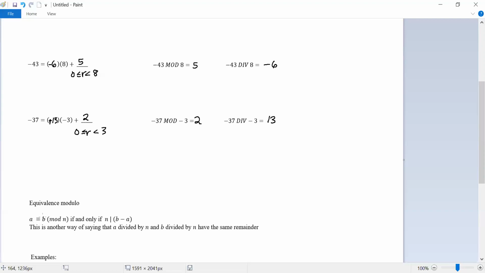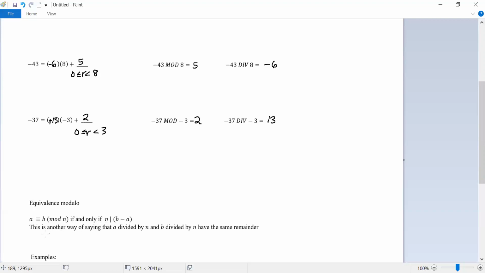So I'm saying A is the same as B in some way. A equivalent to B, how is it equivalent? By mod N, and that's only true if N divides B minus A. Now remember, N dividing B minus A means B minus A is equal to N times some number.